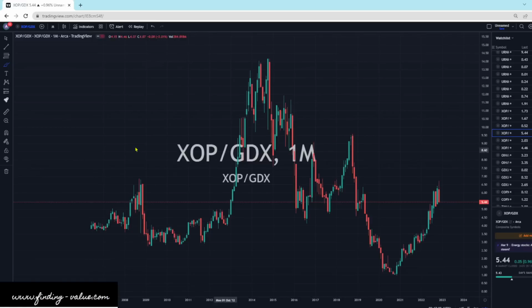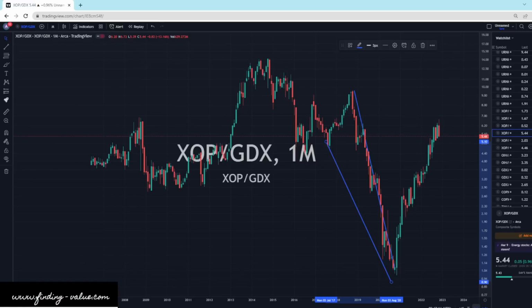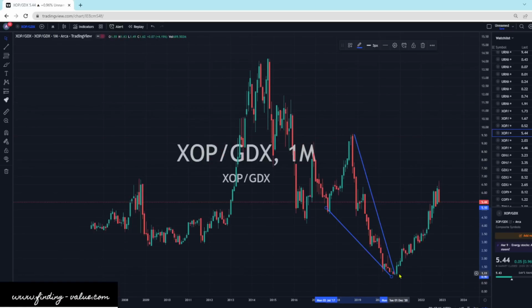XOP versus GDX. And we had a nice little pattern here that basically squeezed up into this corner here. We'll look at logarithmic. You can see how it squeezed up all the way to the corner there. October, November of 2020 would have been the spot to get into XOP, which is where I entered with a lot of my companies. Now we're moving on higher.